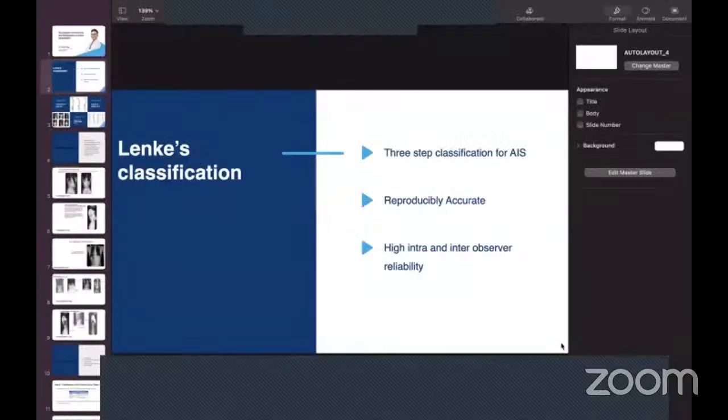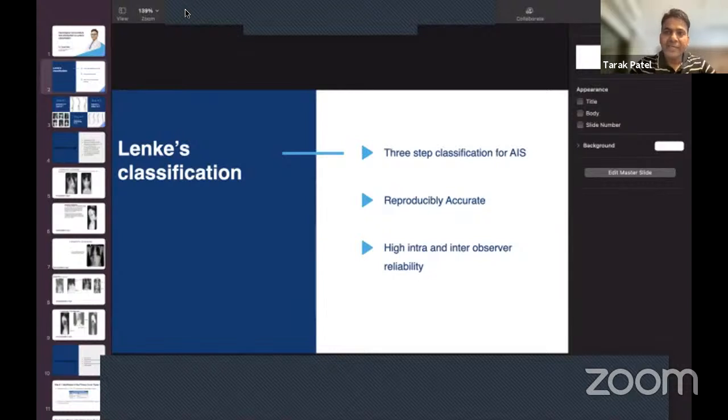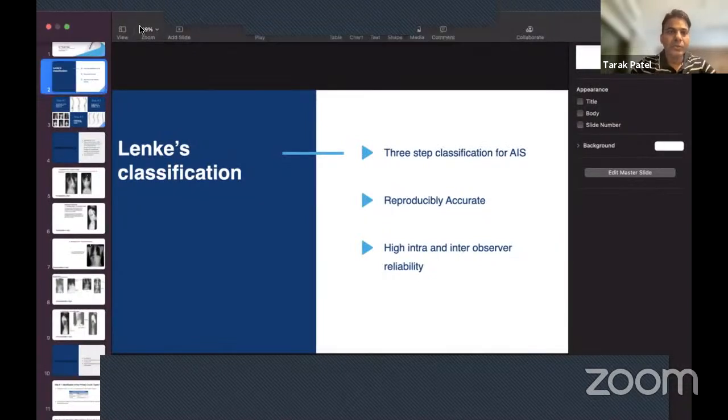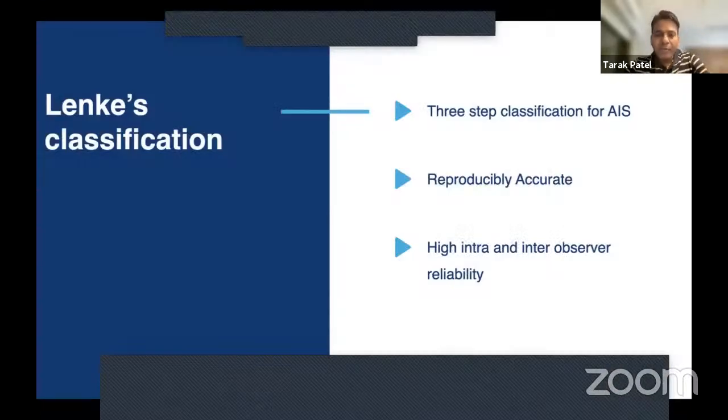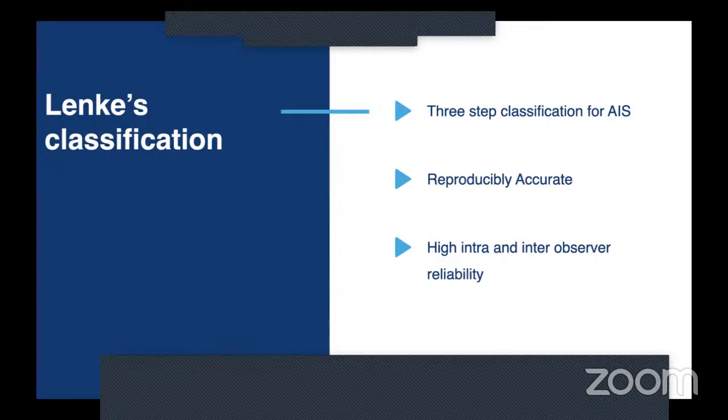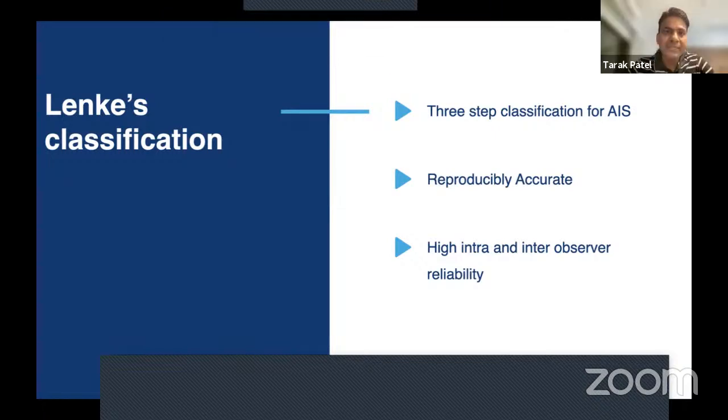Yeah, I already double clicked. Still it is coming. Okay. Is it okay now? Yeah, the black bar is still coming. I don't know why. No, it's not visible on my screen actually.